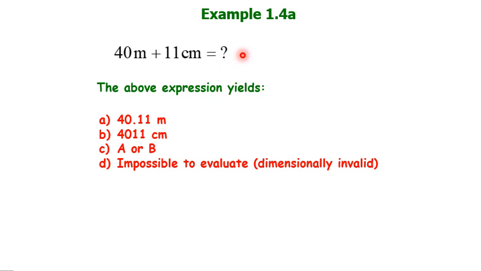But here, we can't add, multiply, or subtract different units for the same quantity. So the length here, meter is a length unit and centimeter is a length unit.